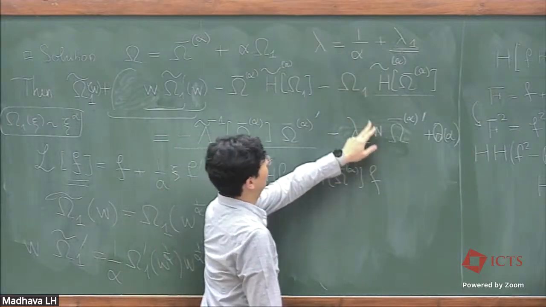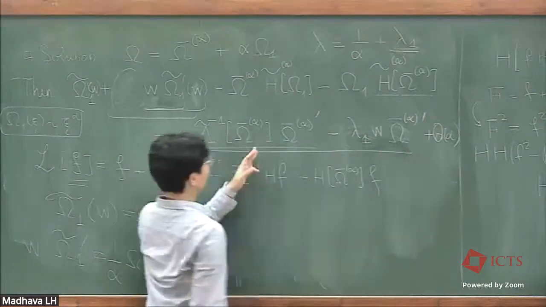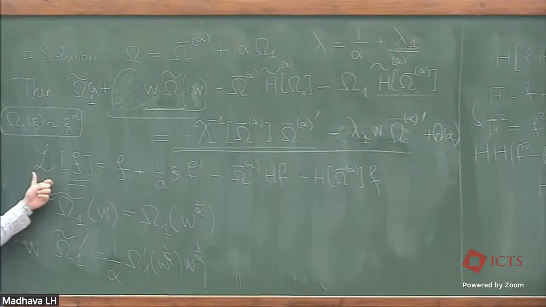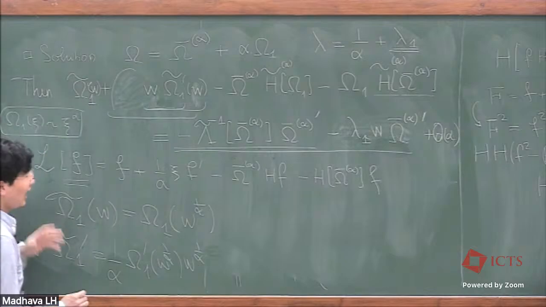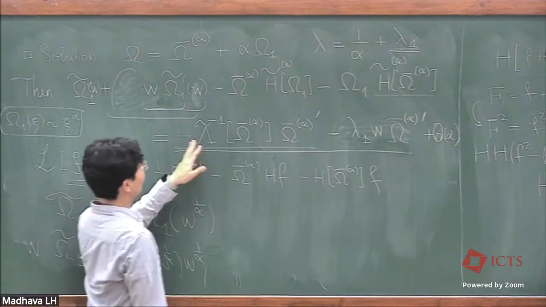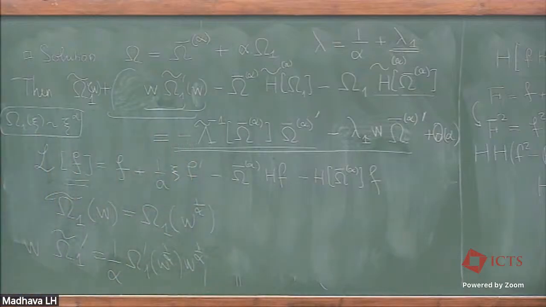we can find lambda 1 such that the right-hand side is now in the image of this linear operator, for which we have an explicit formula for the inverse. So omega 1 tilde is defined by the inverse of the right-hand side, but there is a kernel.